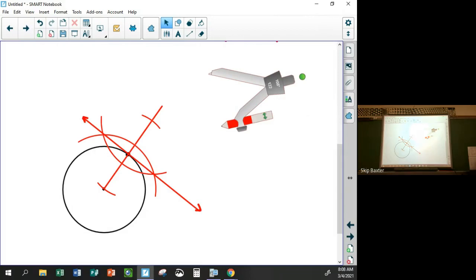Let's just do one real quickly on Delta Math so you can remember how those tools work. Here, I'll find it. There it is.